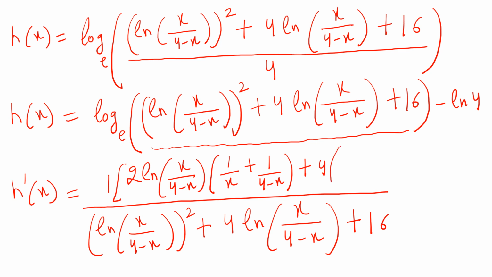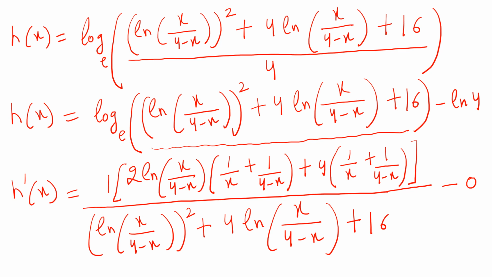Now again we have to differentiate log natural of x upon (4 minus x). So its derivative is 1 upon x plus 1 upon (4 minus x). Now students, we know that the derivative of 16 is 0, and the derivative of log natural of 4 is also 0. Now we have found the function h dash x.